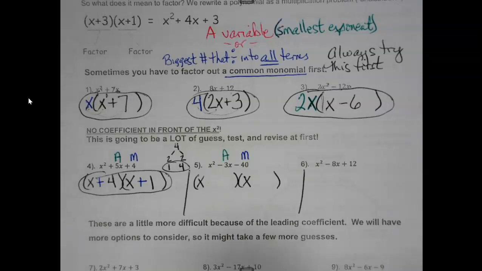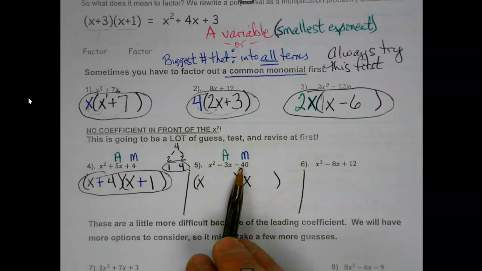Okay. If 2 numbers multiply to a negative, what do I know about the signs of the 2 numbers? Do 2 positives make a negative? No. Do 2 negatives make a negative if I'm multiplying?